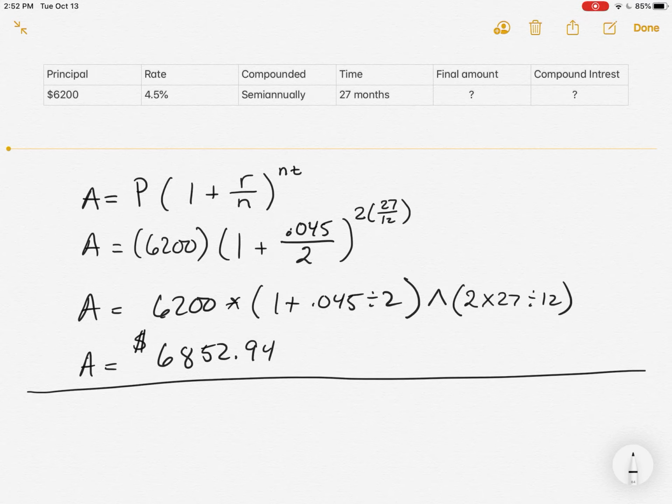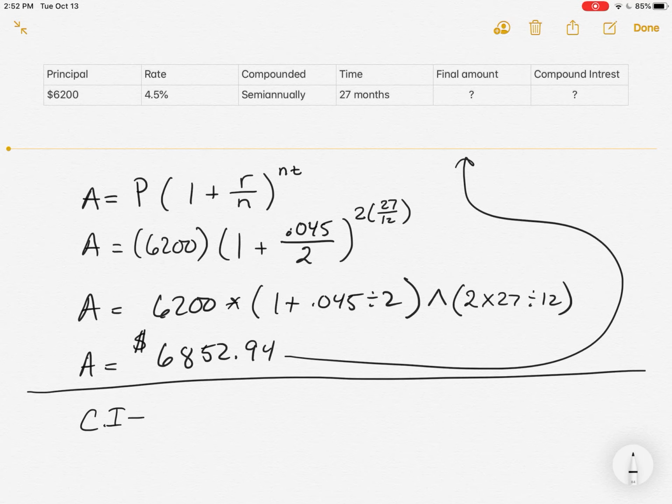What we have is the final amount. I have the value that goes into that first box right up above. What I don't have is the compound interest. So the compound interest is going to be the accumulated amount minus the principal, like we did in the very first problem that we did. That's why it was there, to say, hey, that's the best way to capture the interest.